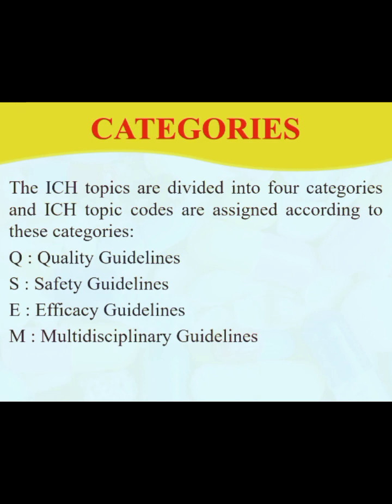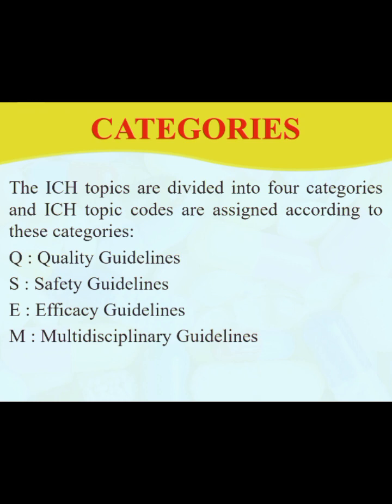Now, there are broadly four categories in the ICH guidelines. The ICH topics are divided into four categories and the ICH topic codes are assigned accordingly to these categories. That is QSEM. Q stands for quality guidelines, S stands for safety guidelines, E stands for efficacy guidelines, and M stands for multidisciplinary guidelines.